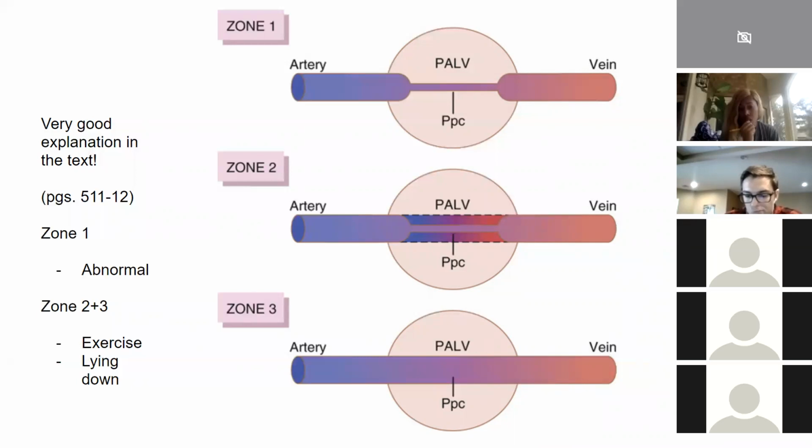The pressure would be coming through at this point, but the alveolar pressure would be so great that it would be essentially closing this off, shutting the door so the blood can't come through. So zone 1 situations are not normal, and they only happen in disease states.